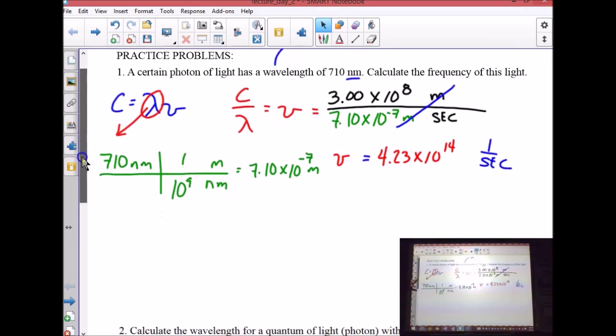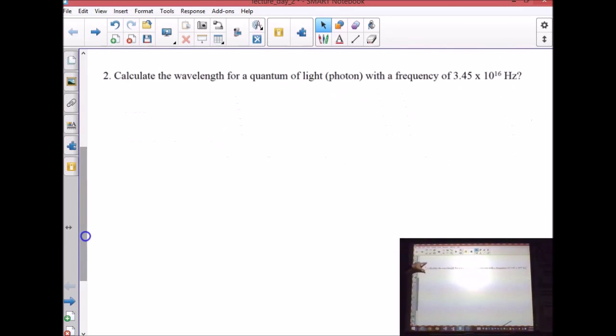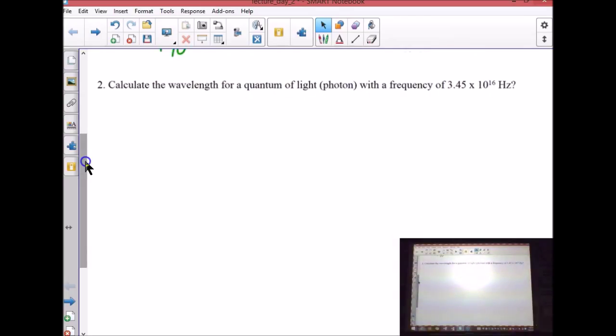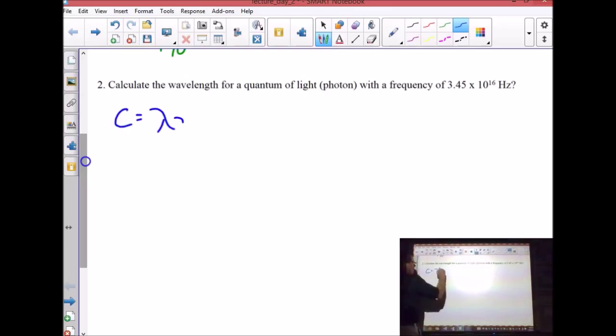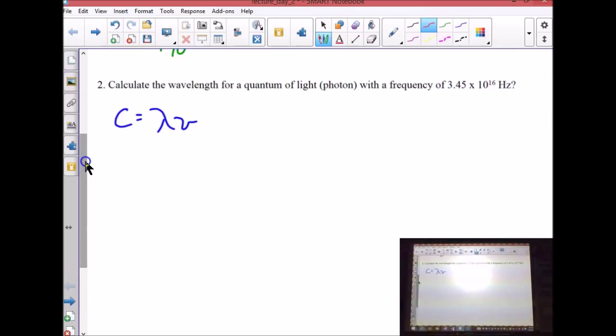Let's take a look at the next one. It says, calculate the wavelength for a quantum of light, or a photon, with a frequency of 3.45 times 10 to the 16 hertz. Again, we're still using our speed of light. But what are we looking for now? Frequency. So that means we're going to divide wavelength on both sides.